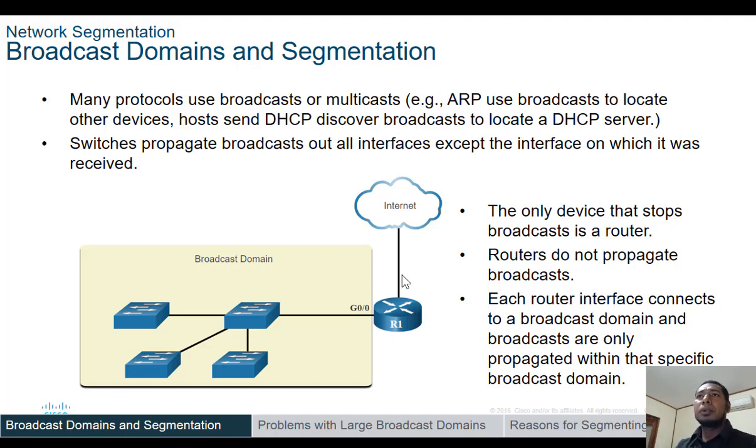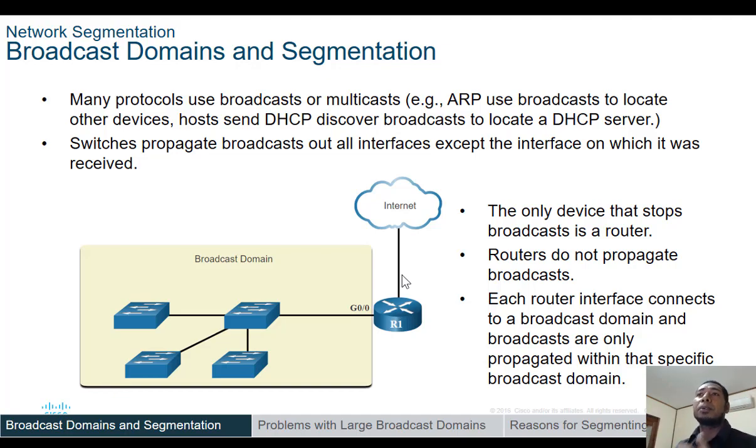When all these protocols are used in broadcast, switches propagate this broadcast out to all interfaces except the interface from which it was received. For example, a switch with 24 ports receives a broadcast from port 1. It will forward the broadcast out to all the other interfaces except port 1, from where it received it.